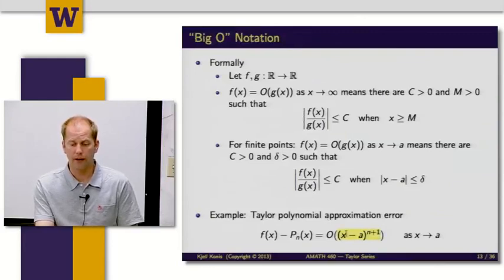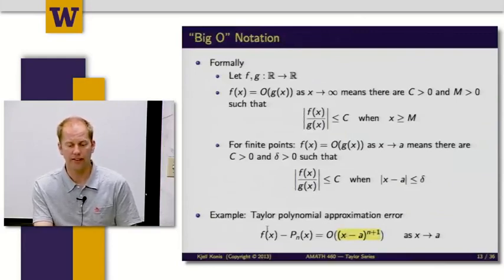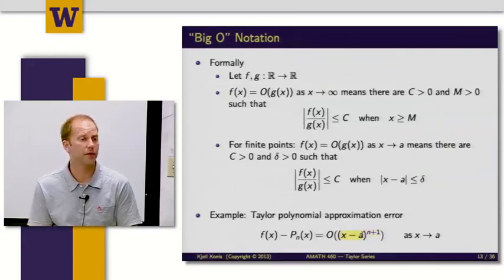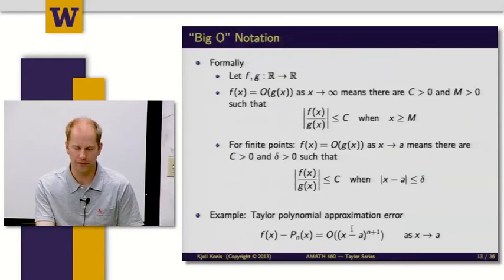And so what I want to be able to show here is that the Taylor approximation error is big O of the distance between the point where I'm evaluating my Taylor polynomial and the point a where I've constructed my Taylor polynomial.